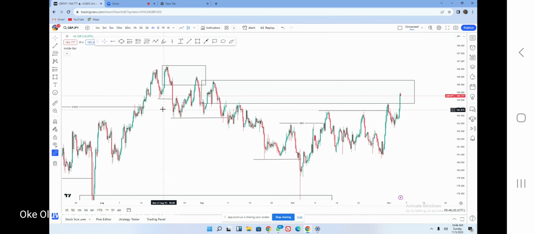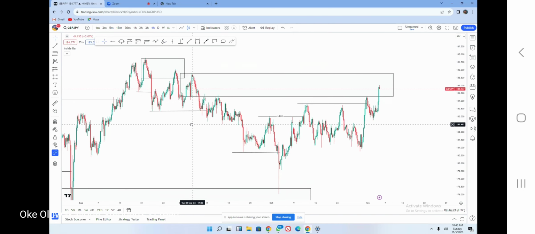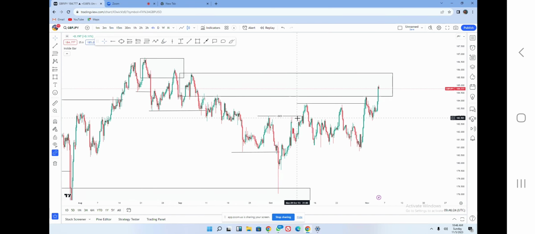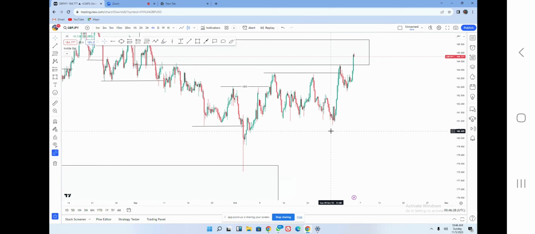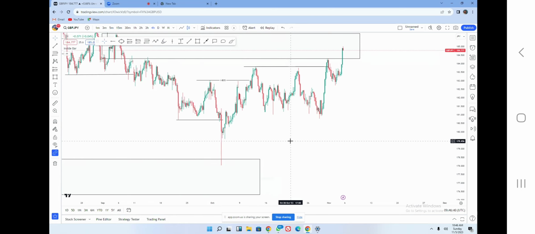So if you look at it now, these are the IBOS, the internal change in structure that I'm telling you about, internal break of structure. If you look at this one very well, this is a 4 hour break of structure now. We are going to refine everything.